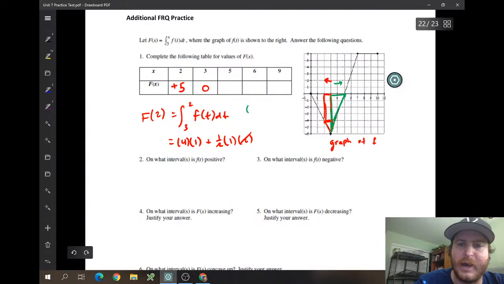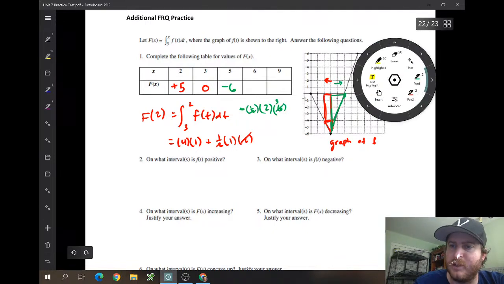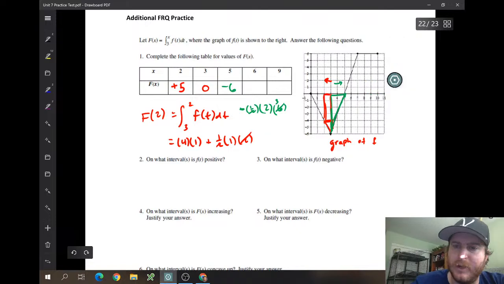So that's 1/2 times the base is 2, and then the height of that is 6. But then it's negative because it's below the axis. So 2 times 3 is 6, so this is negative 6. Now, to get the next one, the integral from 3 to 6, what you can do is just start off with that negative 6 and then add on whatever's new.